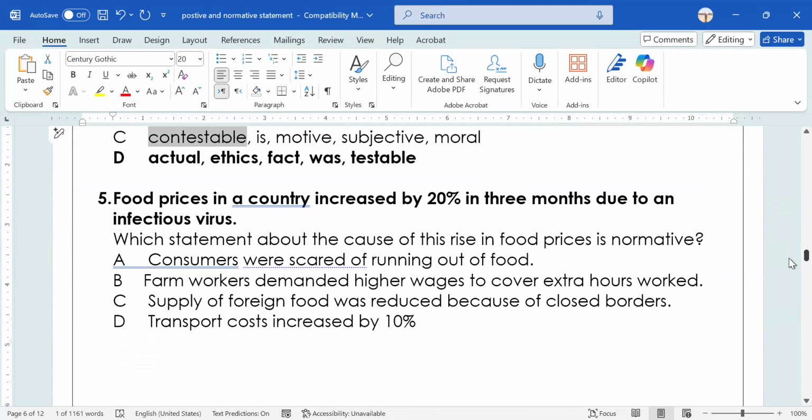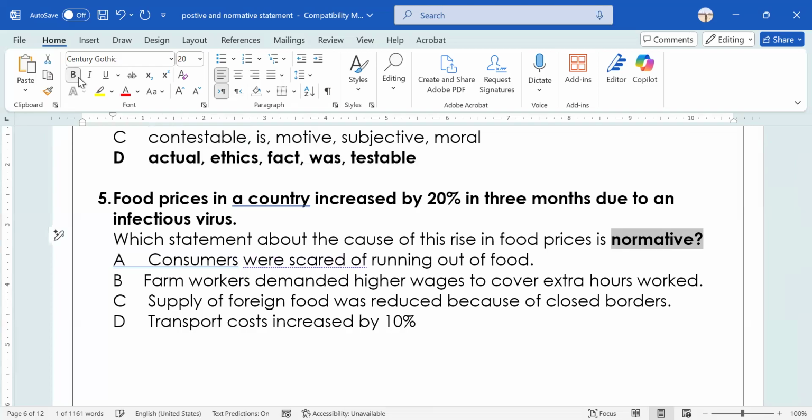Okay, number five, food prices in a country increased by 20% in 3 months because of an infectious virus. Which statement about the cause of this rise in food prices is normative?